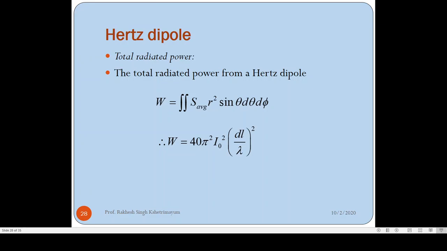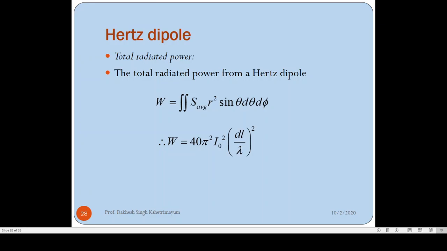Now the Poynting vector is directed along the radial direction, so obviously the surface element we'll be considering will be in the theta and phi plane, because its direction is along the radial direction. What is the scale factor for theta and phi? Scale factor for theta is r, for phi is r sine theta.